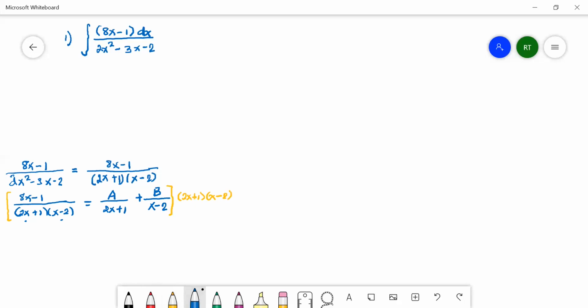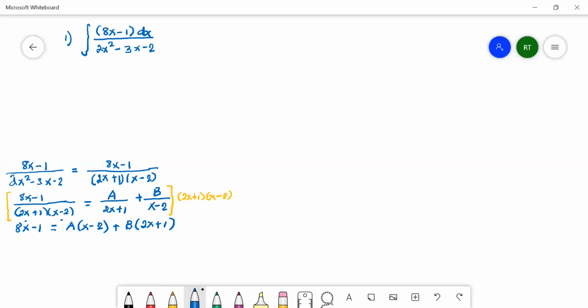Multiplying the left member by the LCD will give us 8x minus 1. And this is equal to A over 2x plus 1 times the LCD, which will give us A times x minus 2. And the second term times the LCD will give us B times 2x plus 1. So our problem here is how to determine the values of the constants A and B.